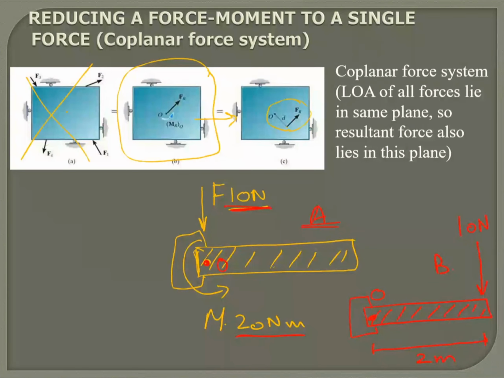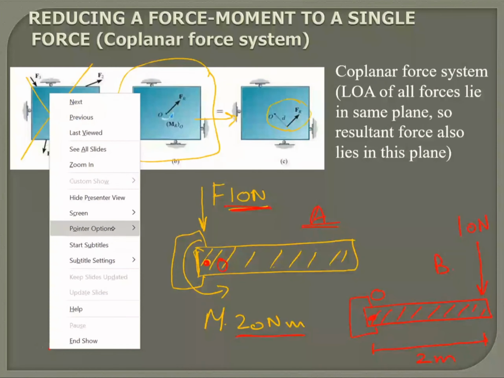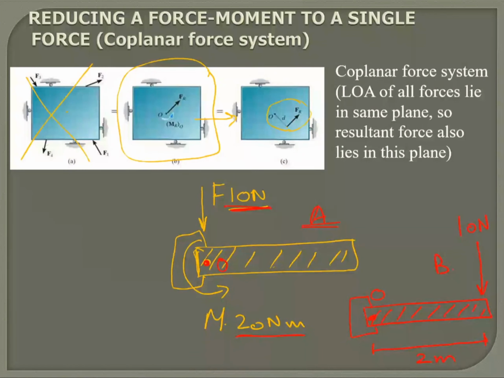What's the sum of all the forces for A in the vertical direction? 10 Newton. Now, what about scenario B? What is the sum of all the forces in the vertical direction? That's still 10. The horizontal forces are 0 in both cases. So the resultant force FR for A and B is the same. Am I right? Yes, sir.